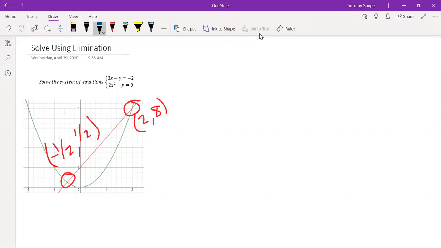So if I take this top equation and multiply it by -1, I get -3x plus y is equal to +2. Then I'm just going to copy down the bottom equation as it was so that I can add these two together.